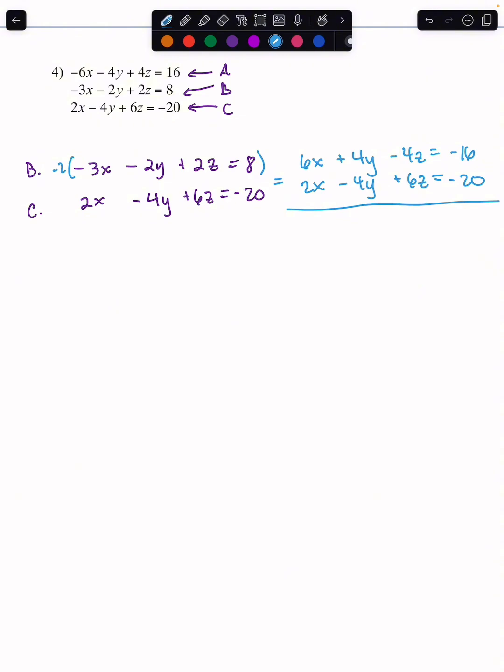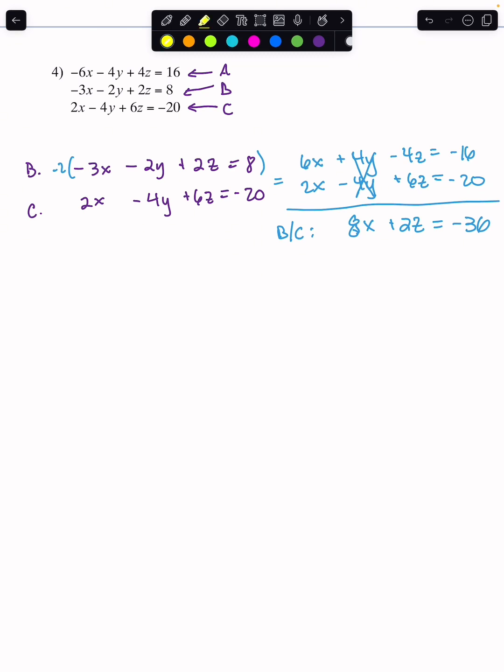So I'm left with 8x plus 2z equals negative 36. Okay, and this is our first. Let's do yellow. This is our first equation that we've broken down. And then let's go back and choose two other ones.